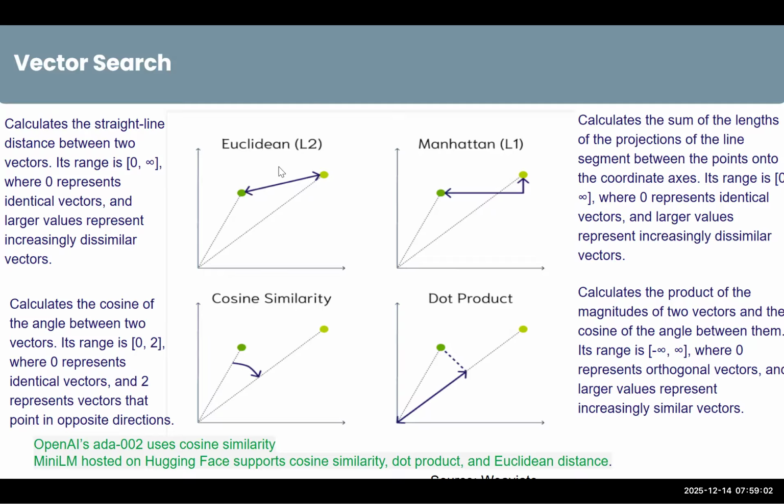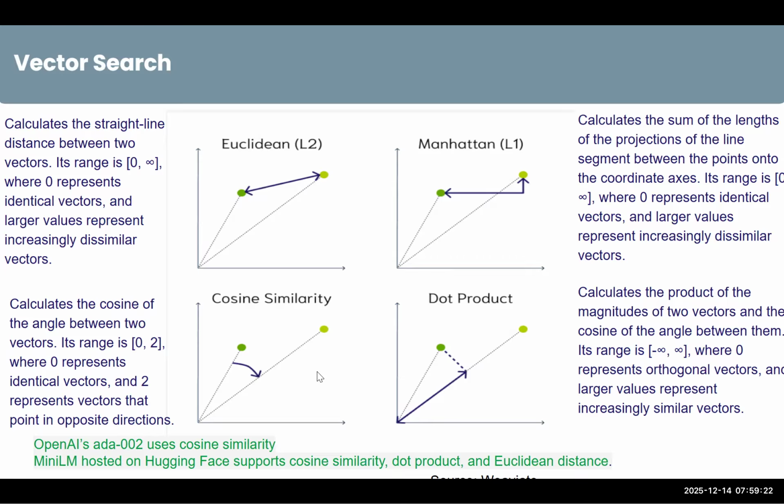One is the Euclidean distance. There is a Manhattan distance. There's a cosine similarity, and then there is a dot product. Again, these are the algorithms that vector databases use to calculate the distances or the scoring between two entities.